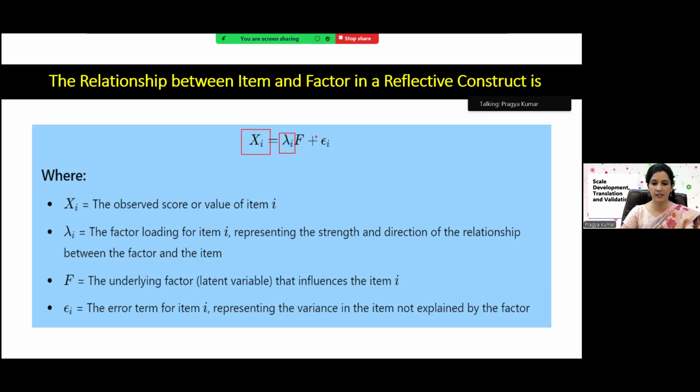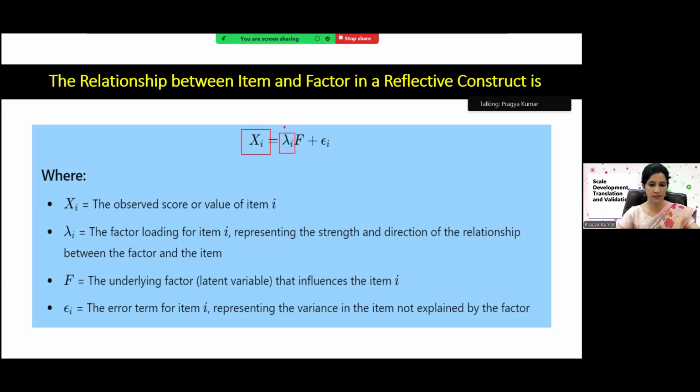And this is the error term, the unique error which is associated with each item. Lambda i is the factor loading. Actually, it is a coefficient, so it is a factor loading which tells you the direction and strength of the relationship. And F is the underlying factor that is affecting this X. Have you understood this simple equation, how we convert that reflective construct into a statistical form?